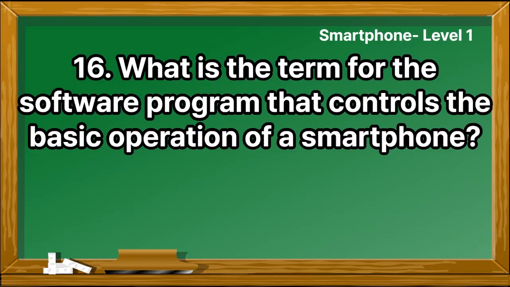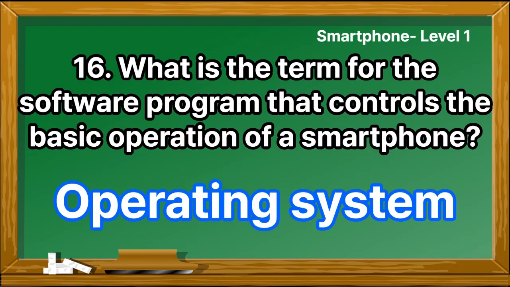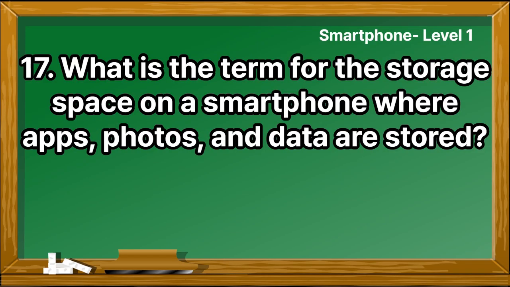What is the term for the software program that controls the basic operation of a smartphone? Operating system. What is the term for the storage space on a smartphone where apps, photos, and data are stored?